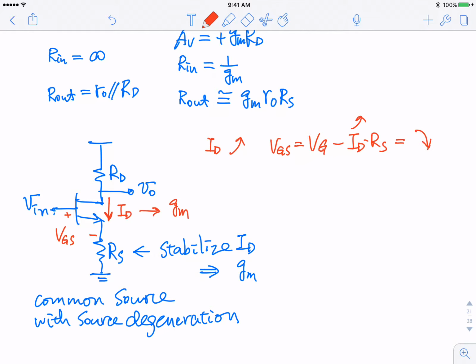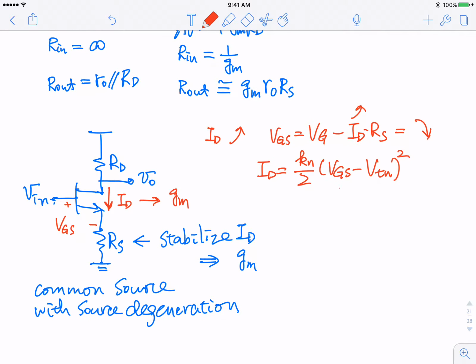As VGS decreases, ID is equal to basically 1/2 Kn (VGS minus VTN) squared. So as VGS goes down, this will force ID to go down. So you see the negative feedback process. As current tries to deviate from your design value, the presence of RS helps pull it back.